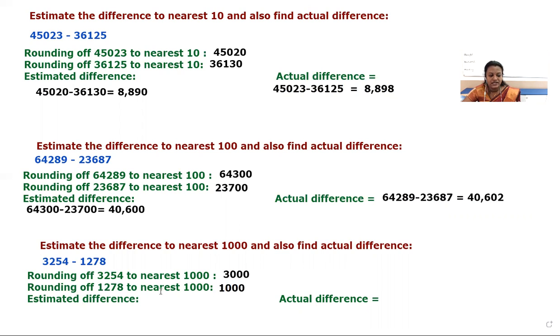So we have the estimated difference as 3,000 minus 1,000. That results to 2,000. Whereas the actual difference, 3,254 minus 1,278, results to 1,976. It's too close.